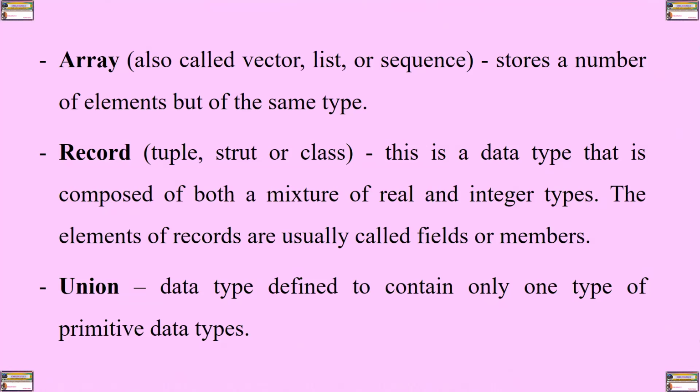I repeat, in union, we don't have many data types. Union makes use of only one type of primitive data type.